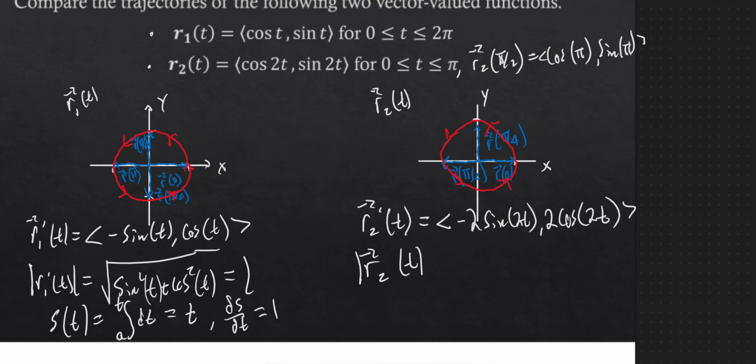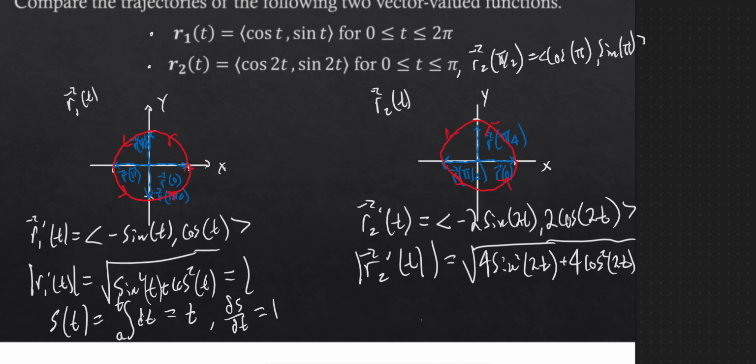The speed, the magnitude of R2 prime of t, is the square root of 4 sine squared of 2t plus 4 cosine squared of 2t. Well, sine squared plus cosine squared is 1. I'll have just a 4 in here. Square root of 4 is 2. So this has a speed of 2, right?